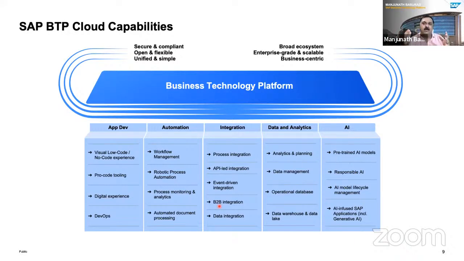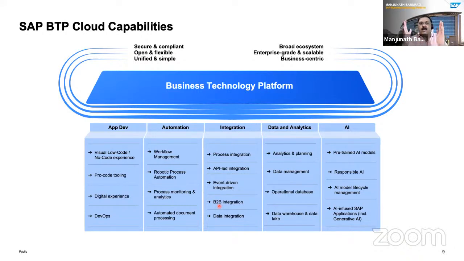But there is also the aspect of RPA, or robotic process automation, which is included. A convergence of these two capabilities is what is catered to by the automation pillar of the business technology platform.